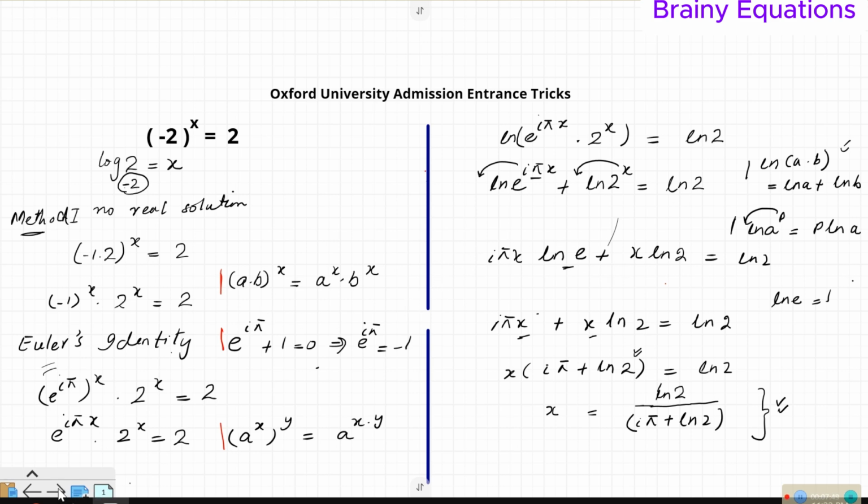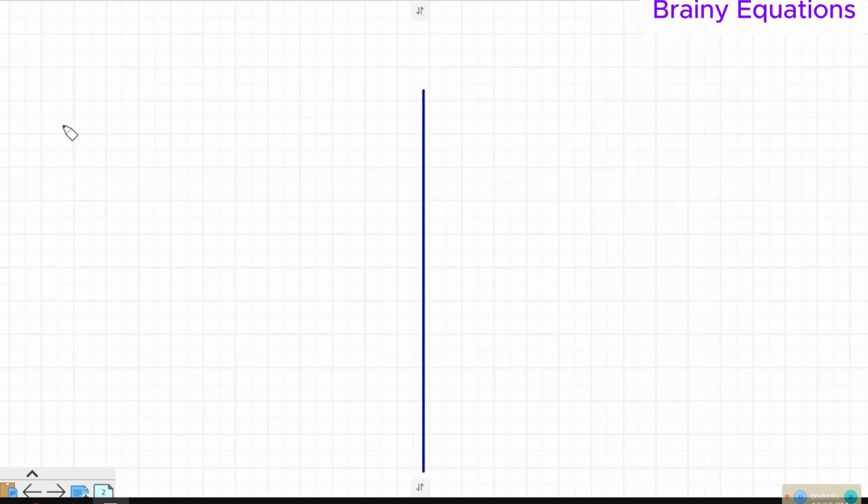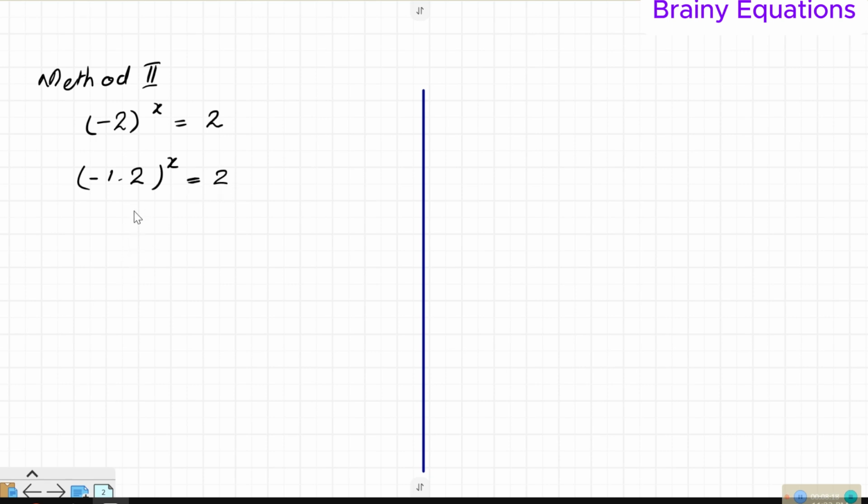We can find the solution of x by using the second method. In this method, (-2)^x = 2. We can write (-1 times 2)^x = 2.